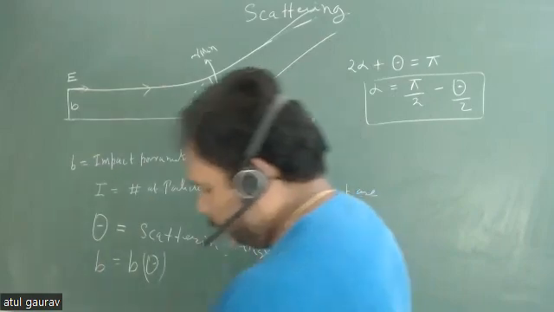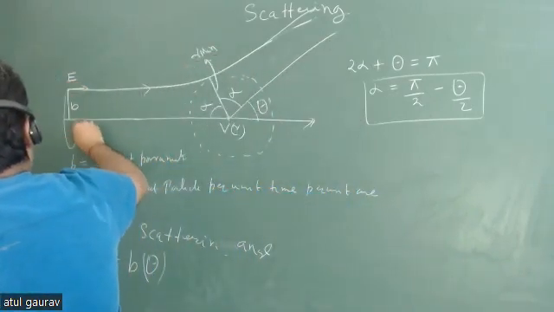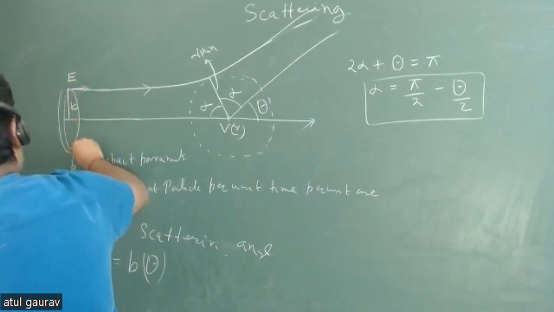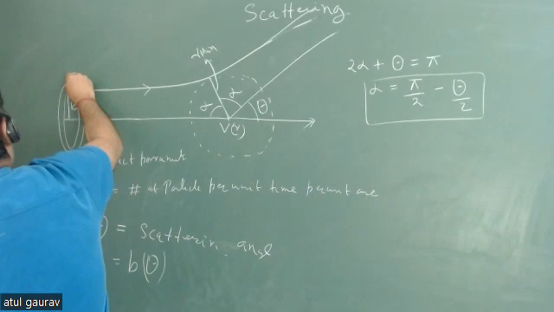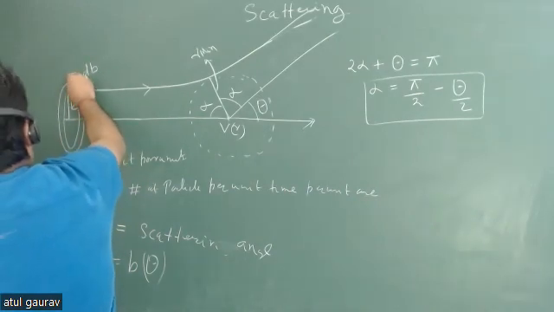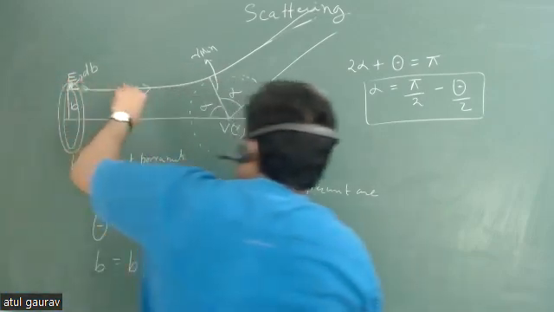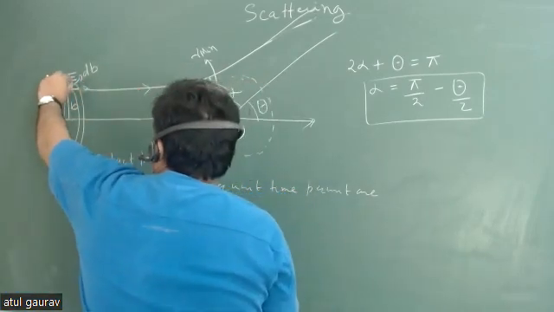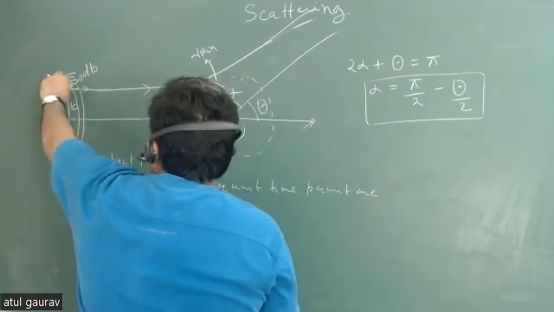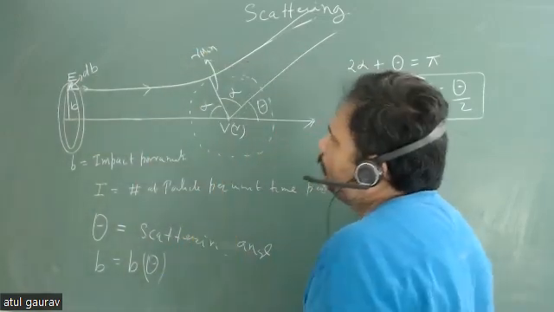So look at what I am going to do. I will consider a ring here of radius b and width db. So this will be db. Particles are coming from this particular width. I am just talking about this particular particle.